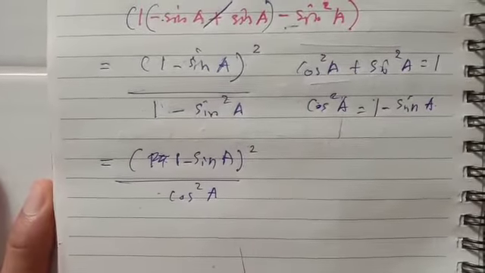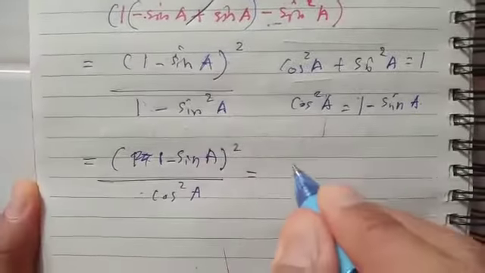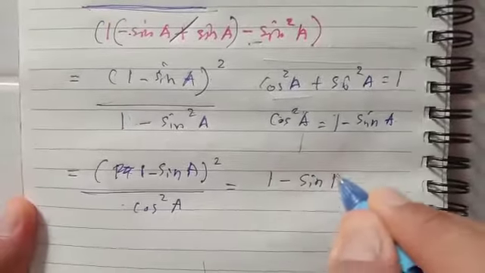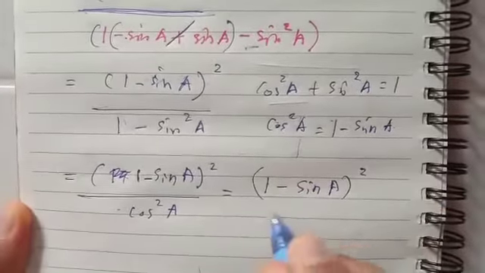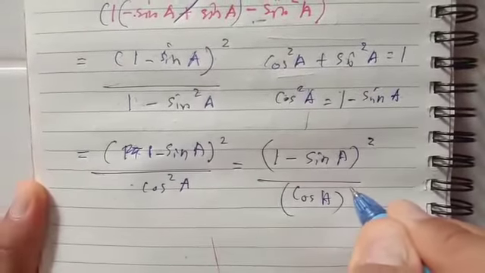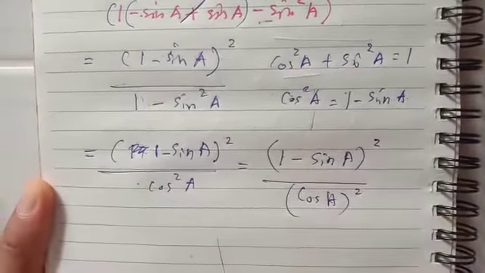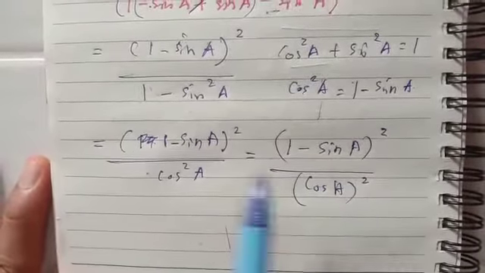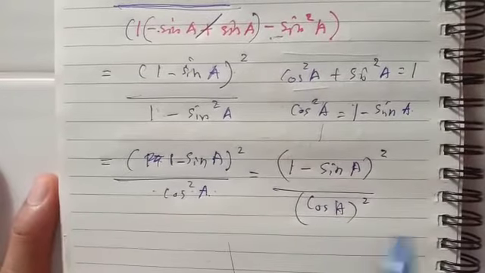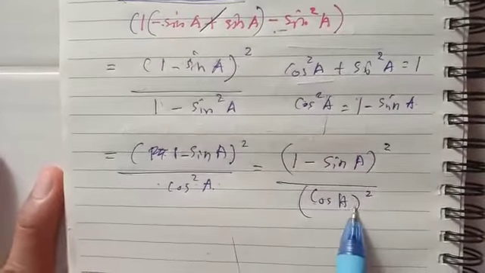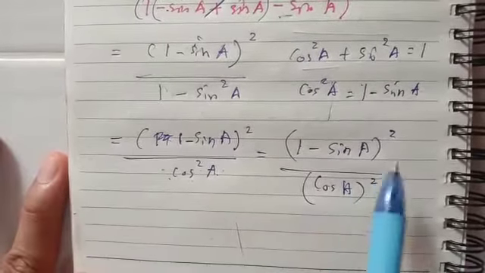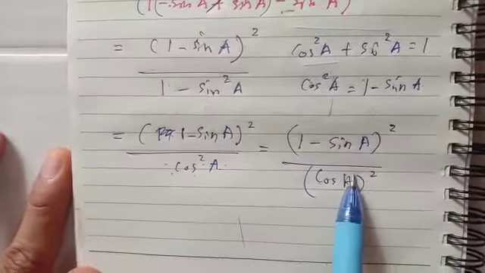Cos square of A equals cos A times cos A, which is cos A squared. So we change this form into this kind of form.